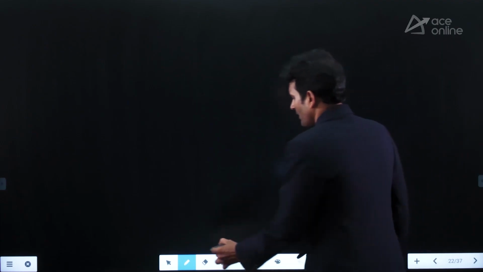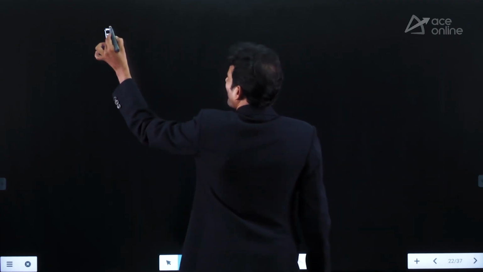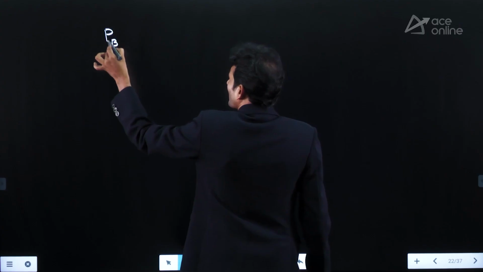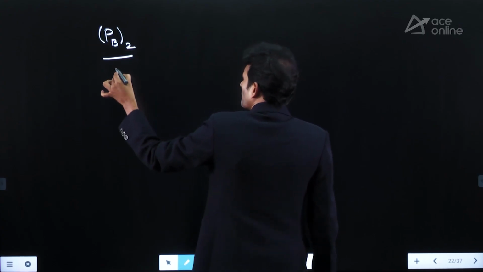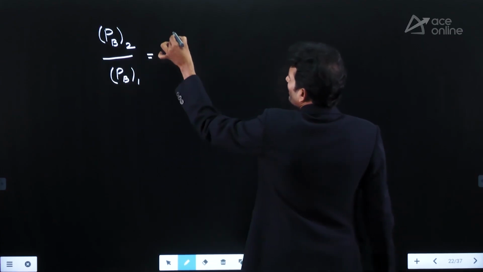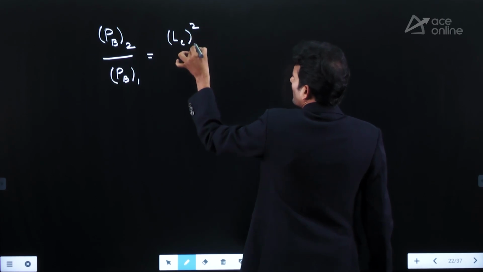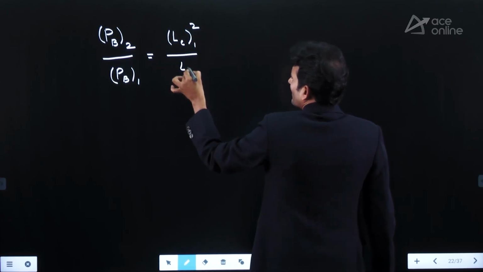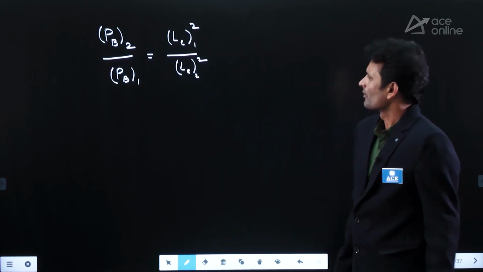So, to get that one, I am using this relation. Use that relation. In second case, as the length is doubled, this I can take it as a corresponding critical load. I may take it as PB2, then PB1 should be equal to LE square for first one divided by LE square for second one, right?